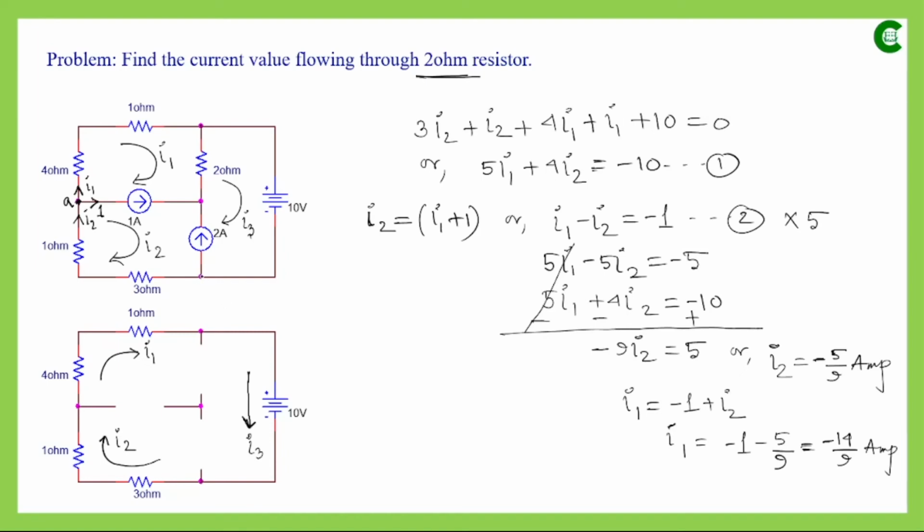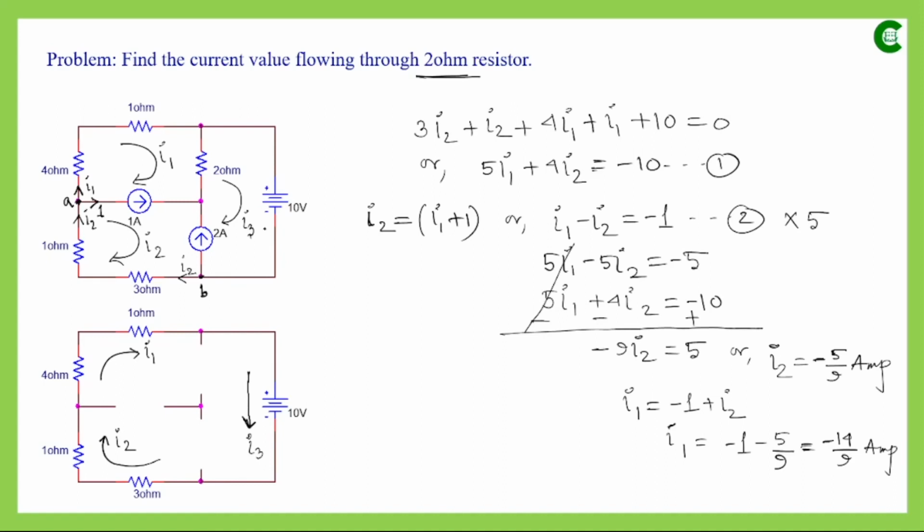Now if we focus on this node, say node B, we can see that the I3 and I2 currents are associated with this node. As per our assumption, I2 was flowing in this direction through the 3 ohm, so with respect to this node, I2 is leaving.